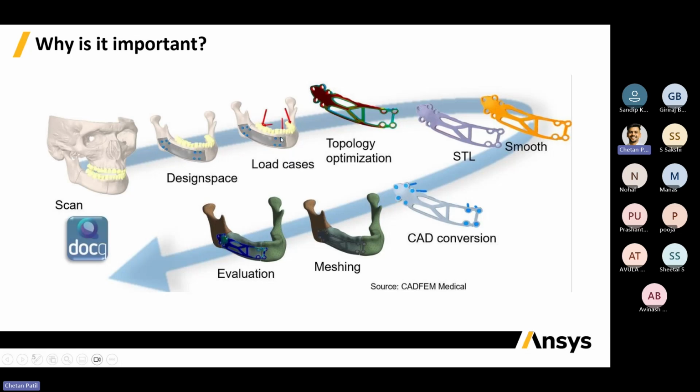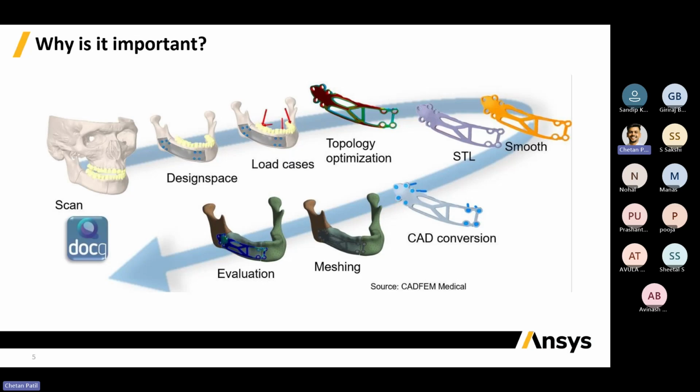Under those conditions, if it is possible to optimize its shape with respect to weight, stiffness, or mass reduction, those things will help us improve the strength as well as reduce the weight of the implant.